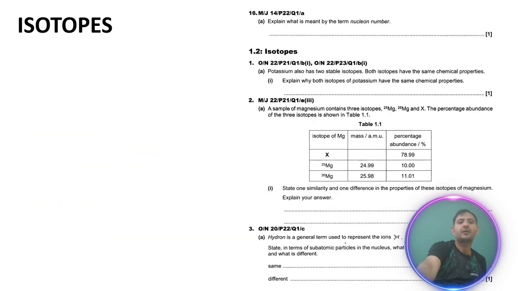Okay. So now it is from isotopes. What is meant by the term nucleon number?